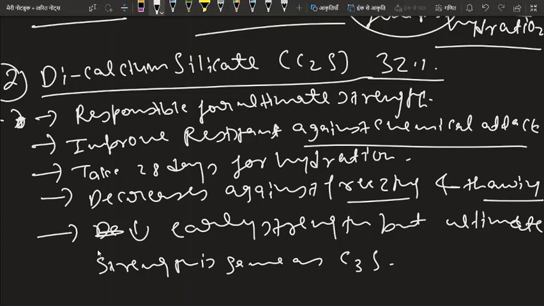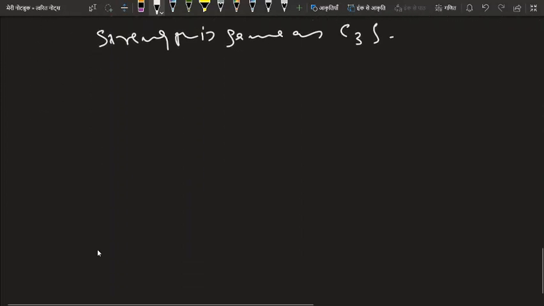It generates the least heat of hydration among the Bogue compounds. On the whole, the Bogue compounds have four parts: tricalcium silicate, dicalcium silicate, and others. Dicalcium silicate has the least heat of hydration, which is about 262 joule per gram.